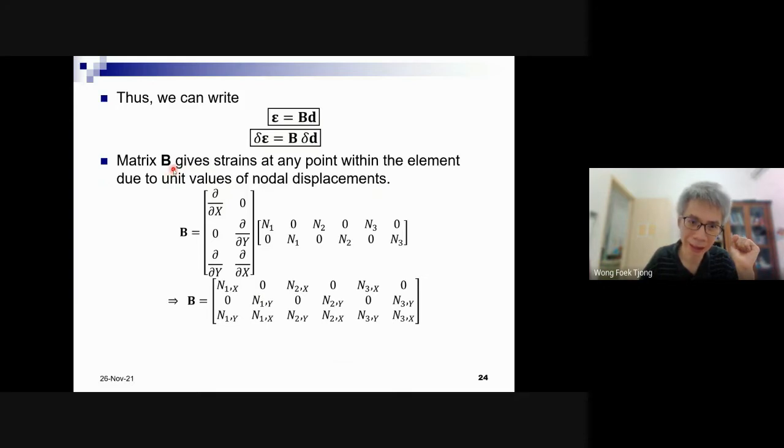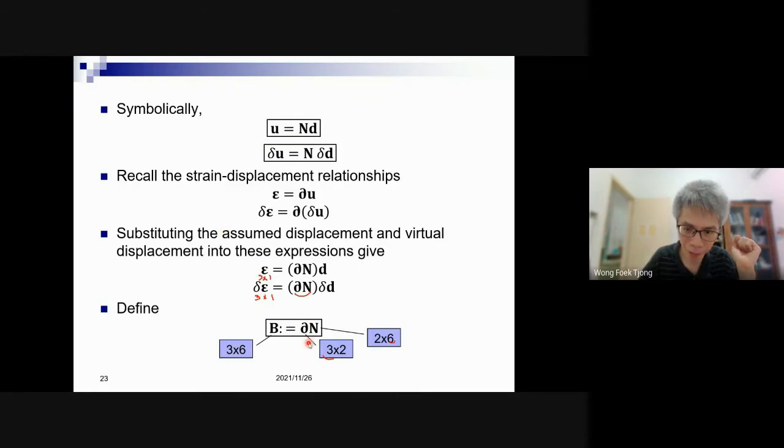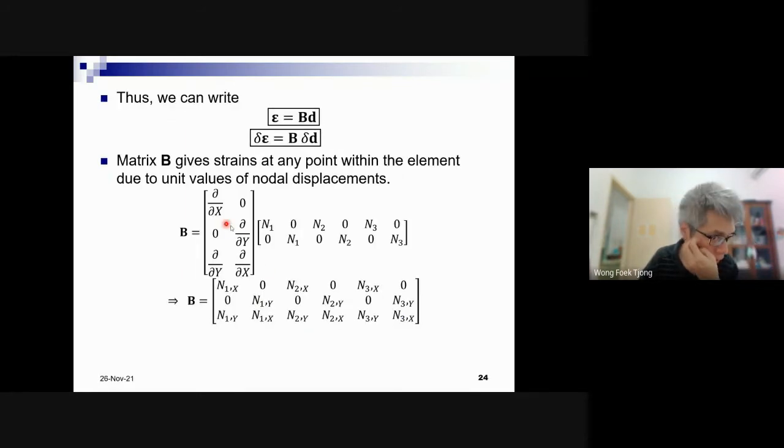Well, the details of B are this. The differential operator is this, right? The matrix differential operator consists of ddx, ddy, and ddy ddx. The shape function matrix is this one. Let's do matrix multiplication. So this is partial N1 to x, and then first row, second column, 0, and so on.